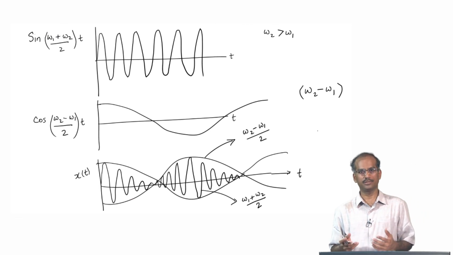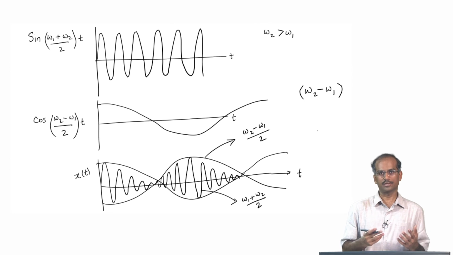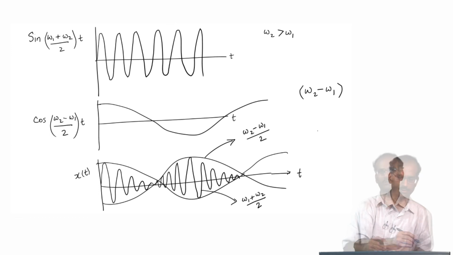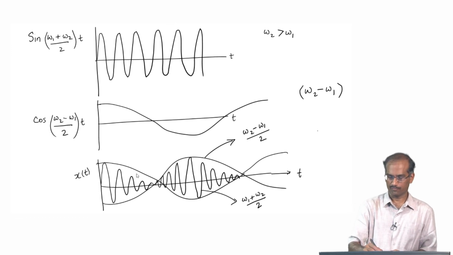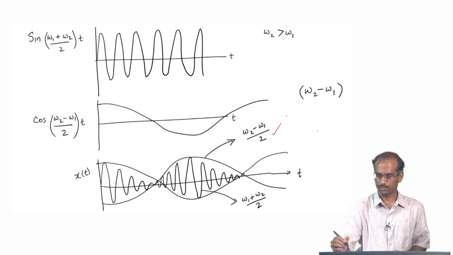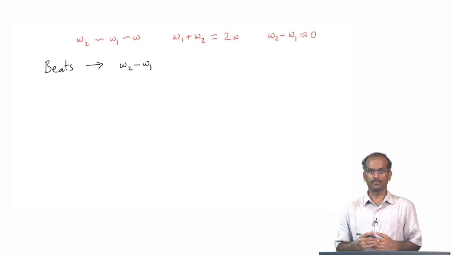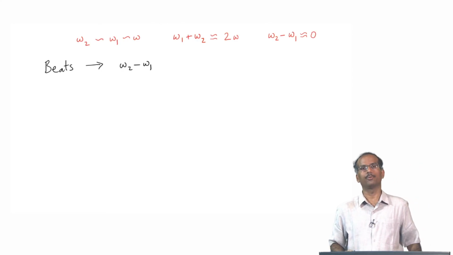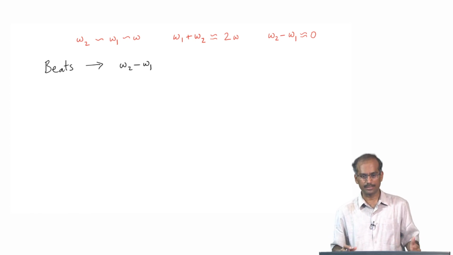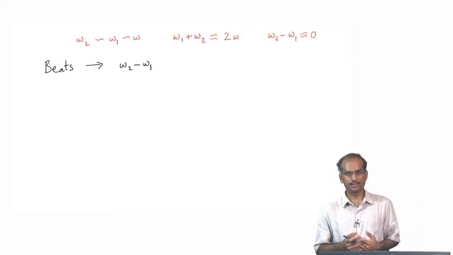And when you try to sketch it, you see that the fast oscillation is being modulated by the slow oscillation, which shows up as the profile with the frequency omega 2 minus omega 1 by 2 here. And when you take this to the limiting case where omega 1 and omega 2, that is the two frequencies, are nearly the same but not quite exactly the same, you get what are called beats.